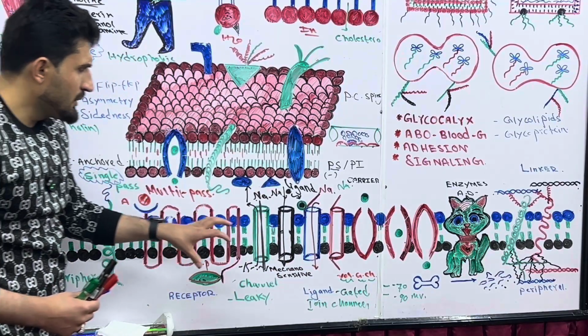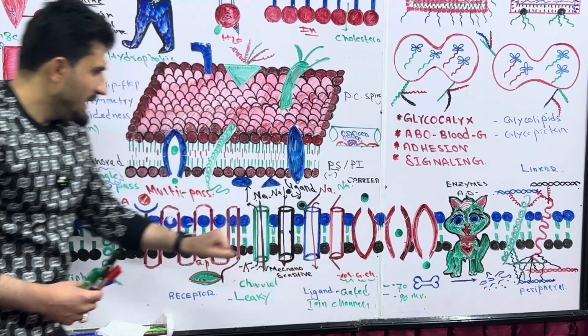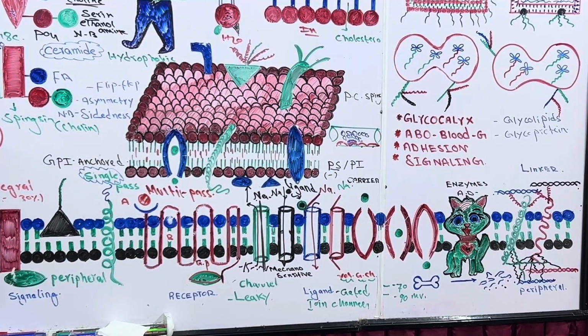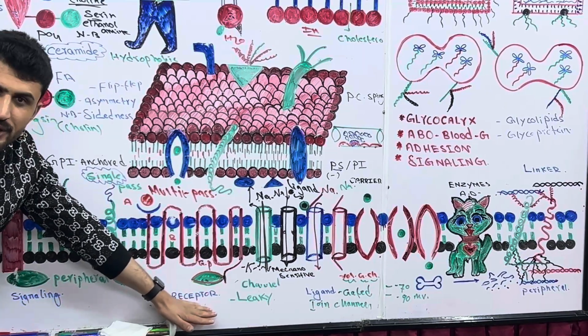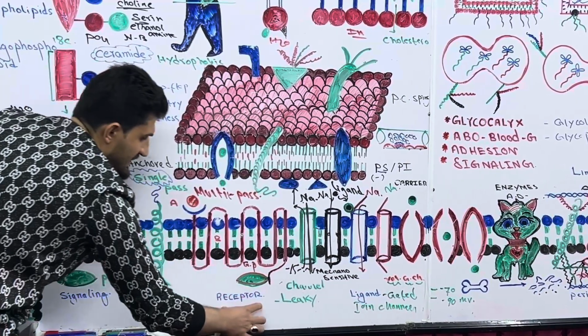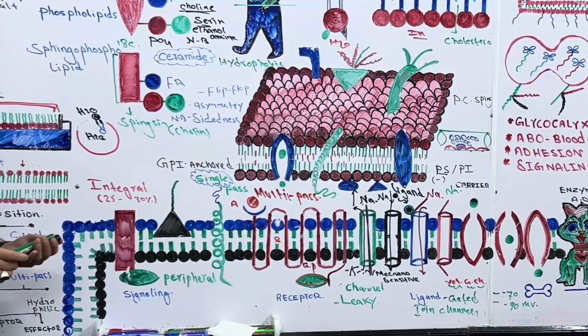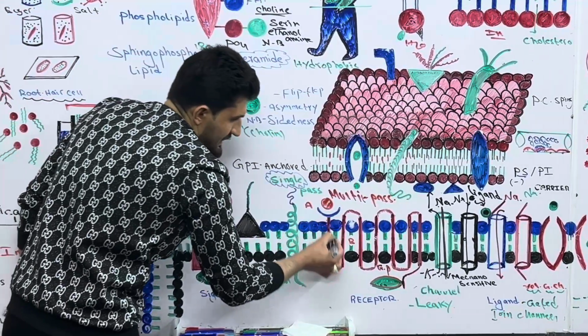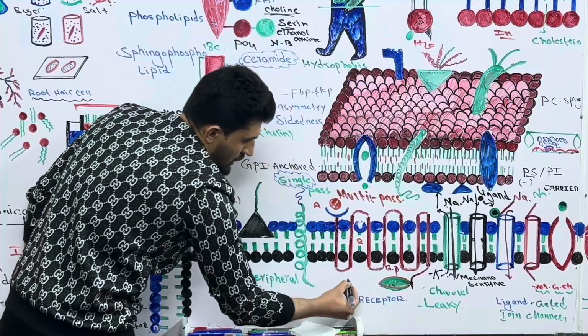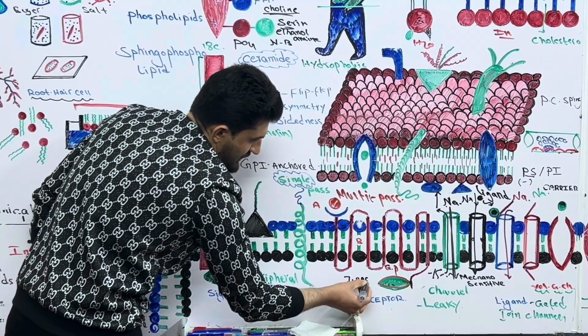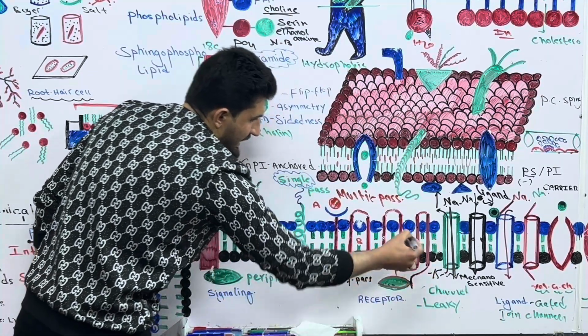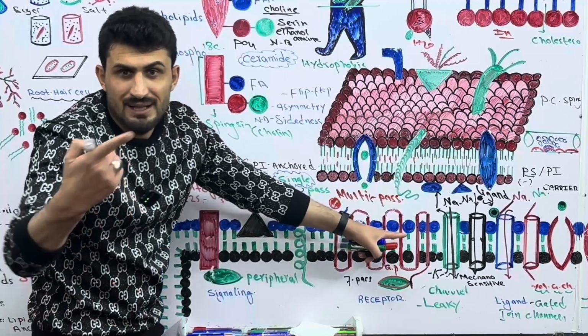The second type of protein in our cell is called receptor proteins. These receptor proteins act as a receptor. For example, this is a 7-pass receptor, because it spans through the cell membrane 7 times.